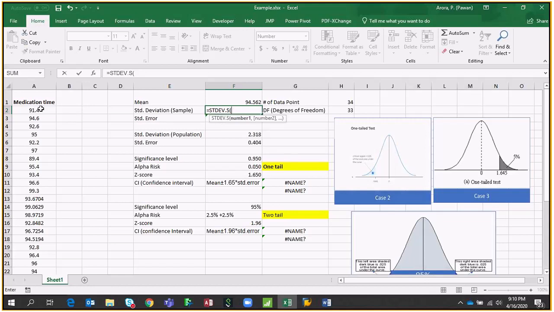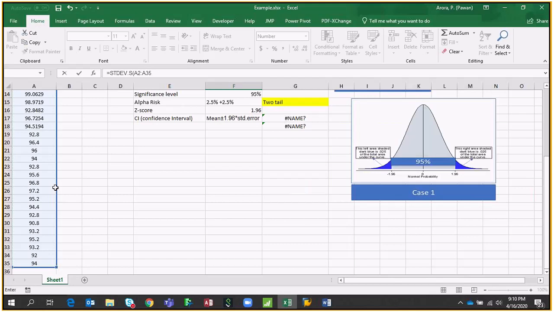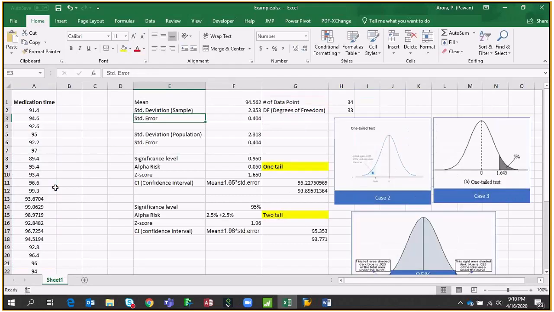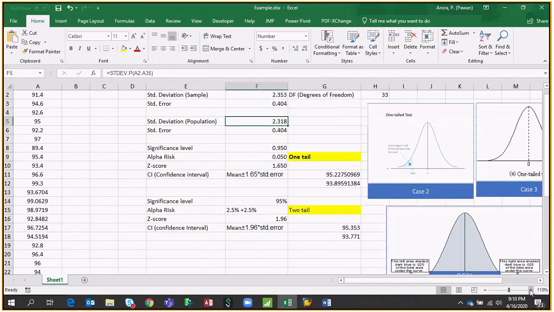So if you select for sample, you will get this standard deviation for sample, and if you want to calculate standard deviation for the population, you have to select STDEV.P, which you can see on the top, right? Let me increase the size a little bit, which will be more clear for you. So this is for population.